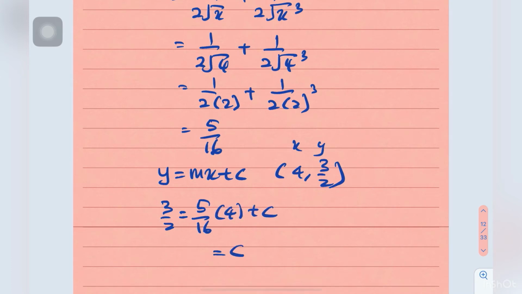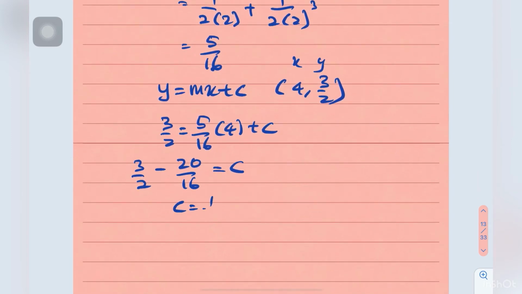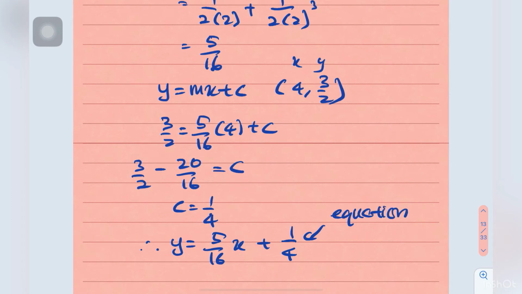So c is 3 over 2 minus 20 over 16. So c is 1 over 4. Therefore, equation of tangent y equals to 5 over 16 x plus 1 over 4. So this is equation of tangent.